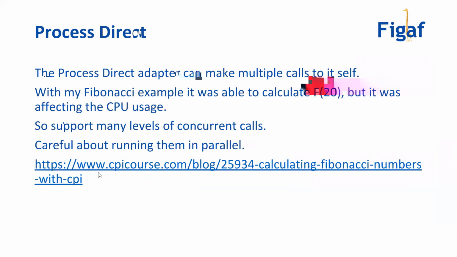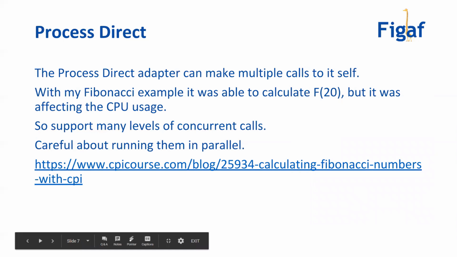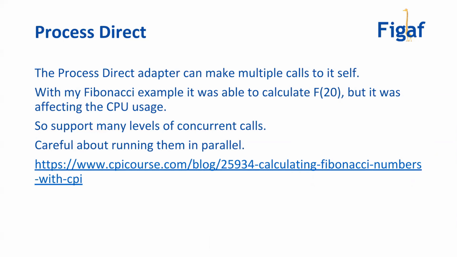The ProcessDirect adapter, this is one of the adapters I really enjoy the most. I wanted to figure out how deep it actually worked. And one of the things that I found was that Fibonacci numbers is a way that you can calculate a lot of recursive processes that would call themselves again and again.